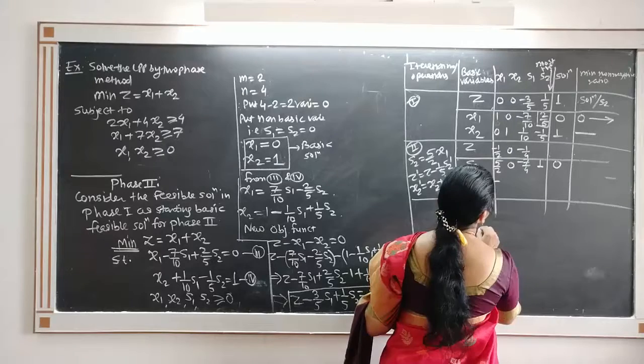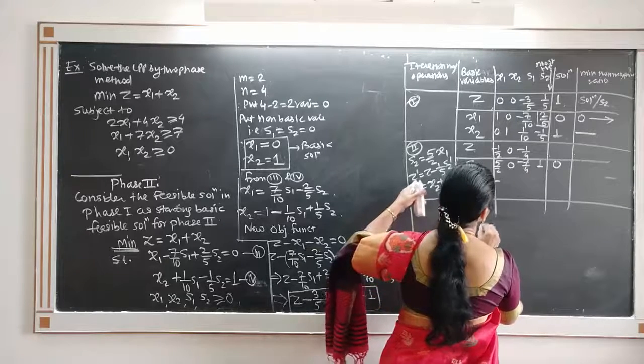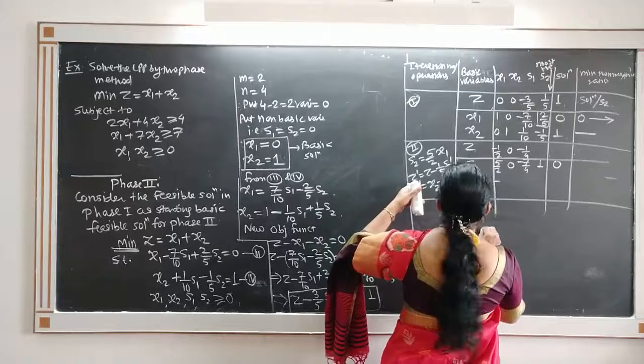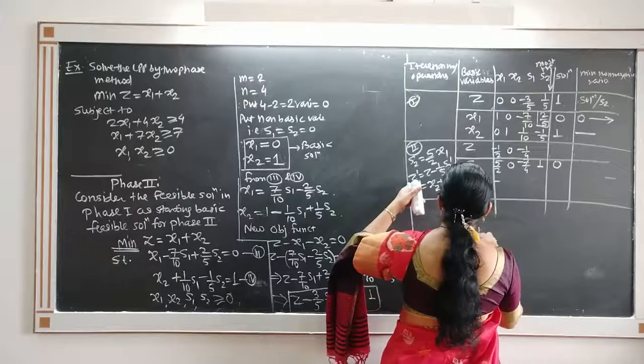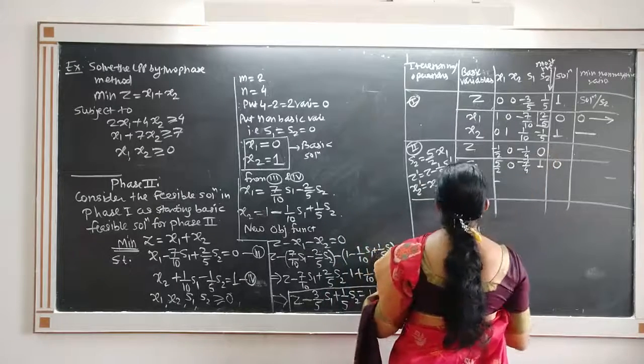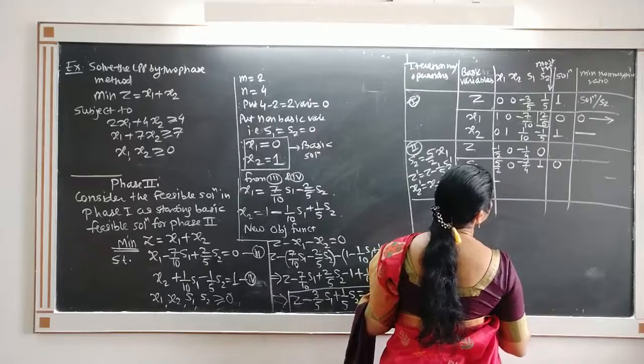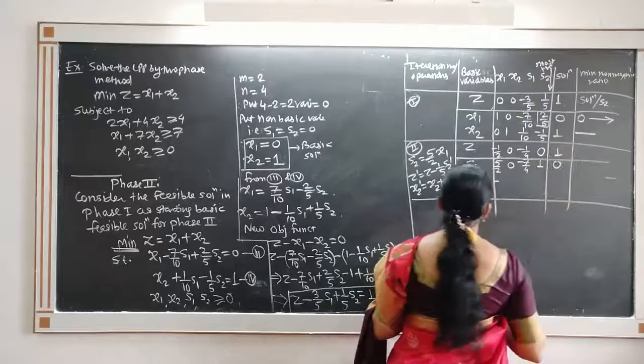Next, Z row, that is S2. So we have Z means 1 by 5 minus 1 by 5 becomes 0, and 1 minus 0 becomes 0.